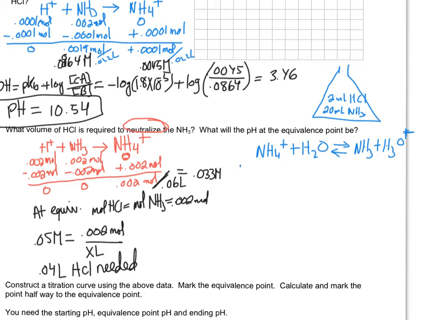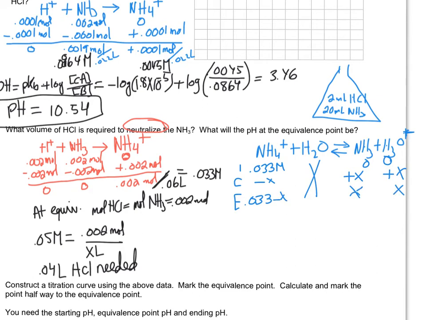My ICE chart is going to start with 0.033 molar. Don't care about the water. 0 and 0. Minus x, plus x, plus x. 0.033 minus x, x, and x.